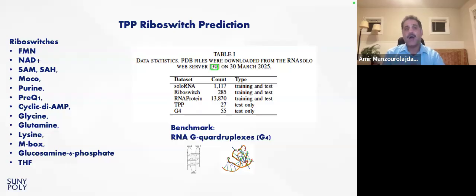So we wanted to see how our model behaves when it is exposed to a structure it's never seen. So G4 was a good benchmark. Then we would compare the performance of predicting sequences of G4s versus predicting sequences of the TPP riboswitch, because none of the models are exposed to TPP or G4 structures.